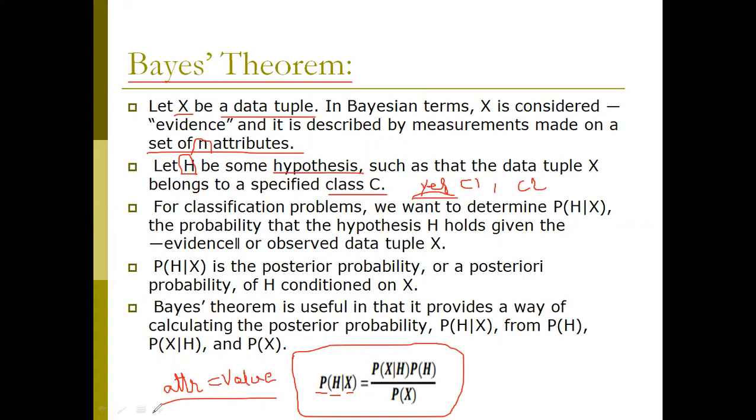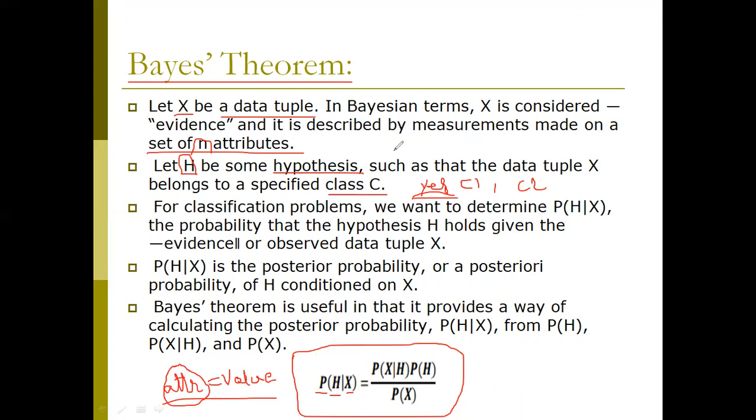You can say the individual value is either small, or large, or medium. Now we are going to calculate the probability of that individual value of an attribute. That is called X here.